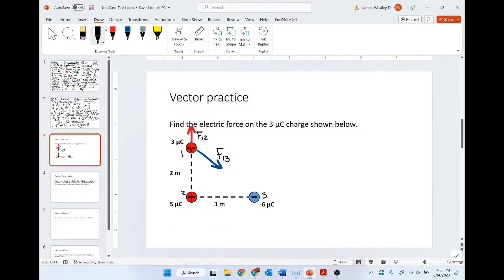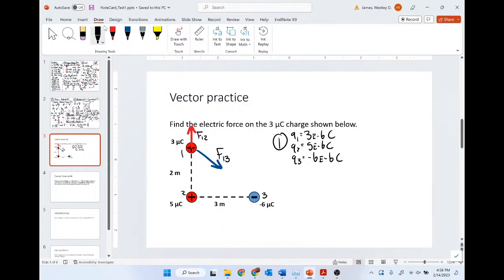So, what is given in our problem? Let's go ahead and go through our steps. Charge 1 is 3e-6 coulombs. Charge 2 is 5e-6 coulombs. And charge 3, I'm going to put the negative. Remember, when we do vectors, we don't plug negatives into our problems. We consider which way it's pointed, and that determines our positive and negative, but for now we'll put the negative.